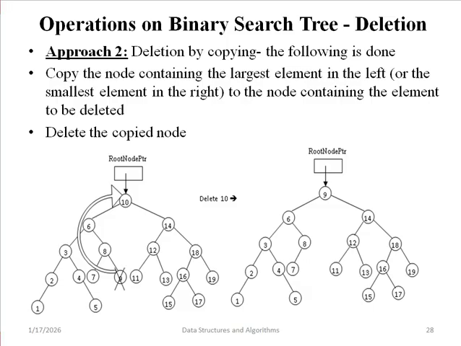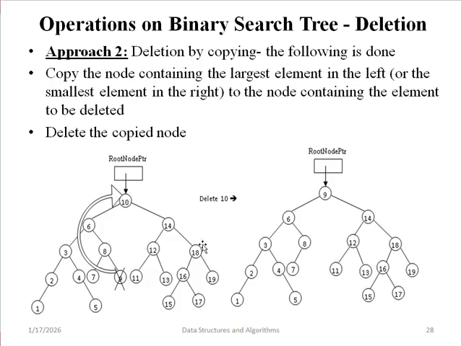When we are removing a node by copying, we can look for the largest node from the left wing, copy that largest node to the root node, and remove the copied node. Or we can look for the smallest.